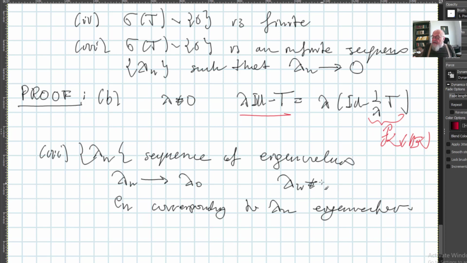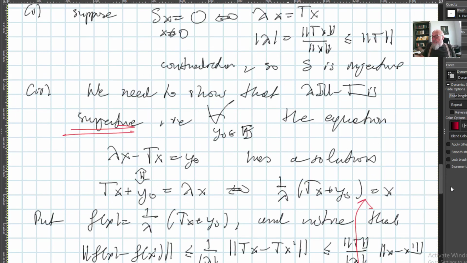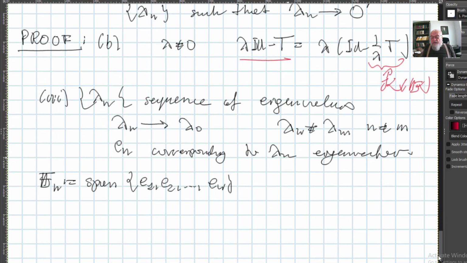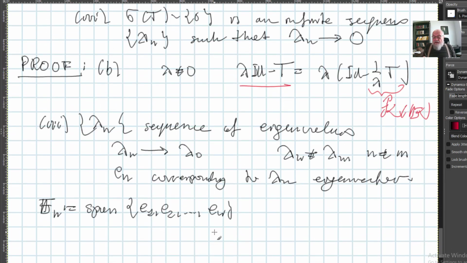And of course, eigenvectors are linearly independent for different eigenvalues. So we can put it like this: En, by definition, will be the span of E1, E2, up to En, and then we simply look at these subspaces.